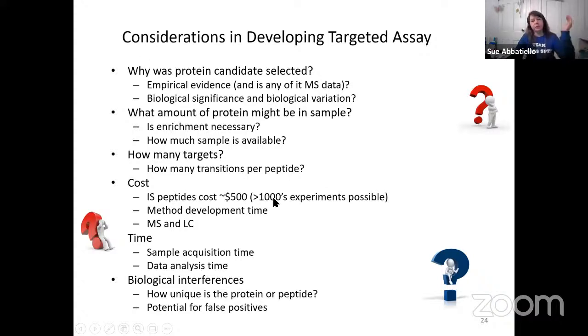So this is just a laundry list of considerations in developing a targeted assay. And I'm not going to go through it in total detail because I'm sure people will have better questions that we'll get to eventually. But the idea here is, why are you targeting a sample? Do you have empirical evidence based on Western blots, based on ELISAs, based on mass spectrometry? Or is it like a hypothesis like, oh, this would make biological sense?